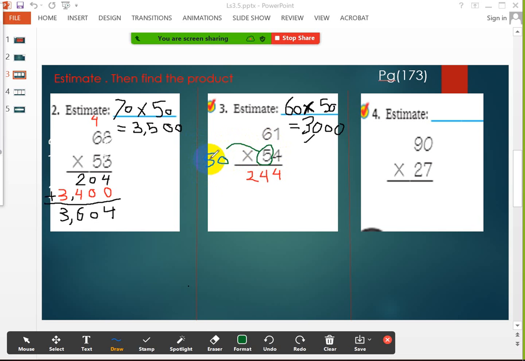So when I want to multiply 50 with 61, the first digit must be 0, right? You have to multiply 5 with 61 and put 0 next to the answer. That means the first digit in the answer must be 0. So I will take this 0 and put it here in the first digit, that means in the ones.